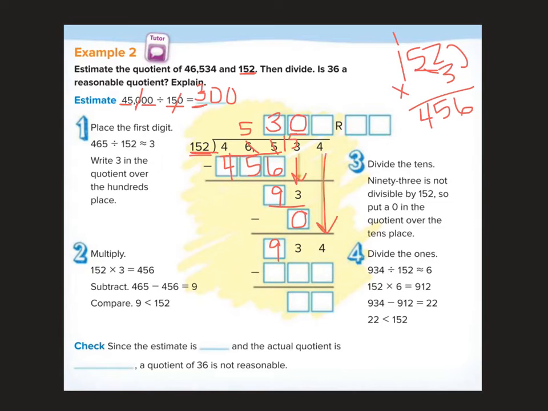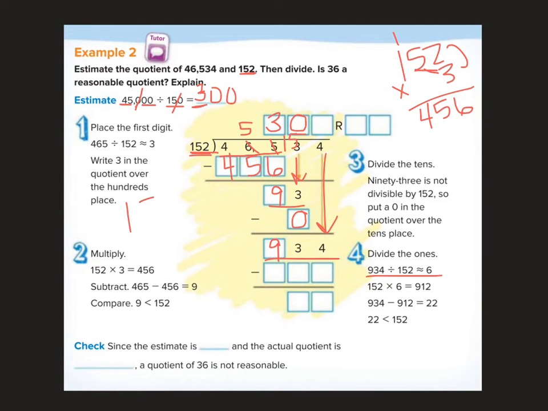Bring it on down. So now I'm doing 934 divided by 152. Okay, so here, I know it's going to be about 6, so like 150, how many can I get into 900? Well, 2 150s makes 300, so that means 4 would make 600, that means 6 would make 900. So let's try that.